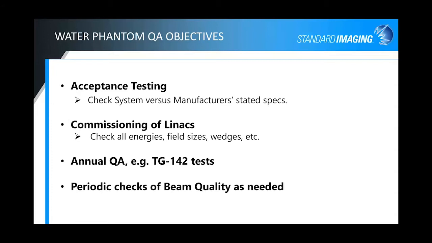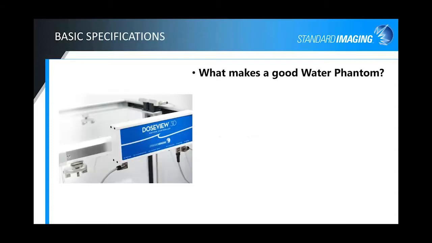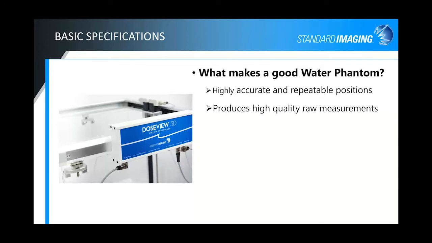The thing with the water phantom is that it's not something that comes out every day like some of your other equipment. So you want something you can get back to. You want something that's highly accurate and repeatable. You want something that gives you high quality raw measurements. You don't want to have to do a lot of post-scan processing with the data, and that's one thing with our manufacturing process and our software. It's very, very robust in that sense.